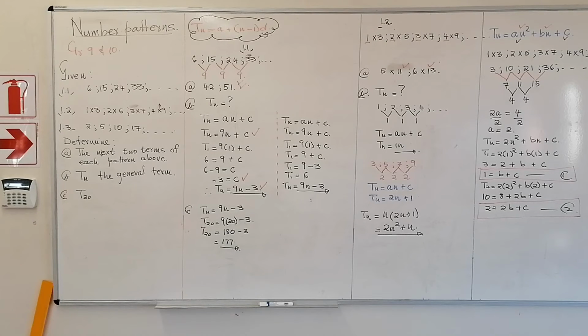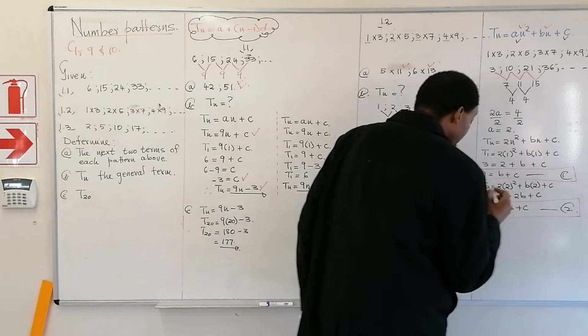Now, equation number 1 and equation number 2. I am going to solve for b and c, which are my unknowns, using simultaneous equations. Now, you can use substitution method, it is no problem. You can also use elimination method. In this case, I'm going to use elimination method.